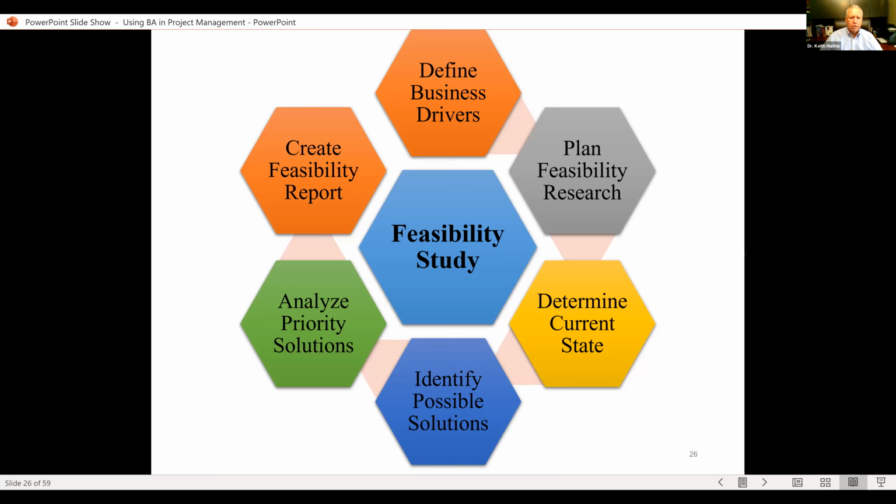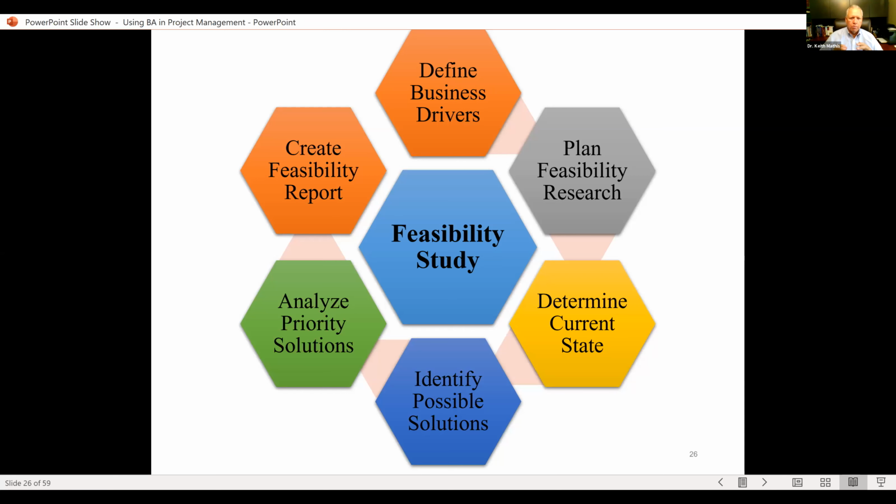So in the feasibility study, you're looking at defining the business drivers, planning the feasibility research, determining the current state of where we are now, identifying possible solutions. And with those possible solutions, it could be vendors that you didn't even know about until after you do the feasibility study. Then you're analyzing the priority solutions, and then you're creating a feasibility report.